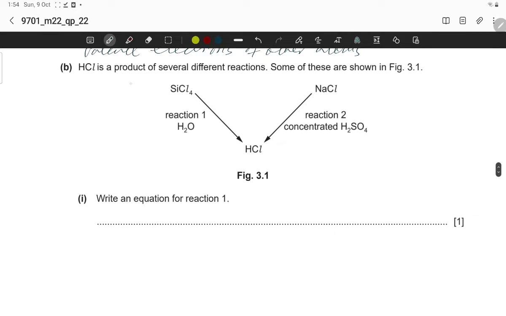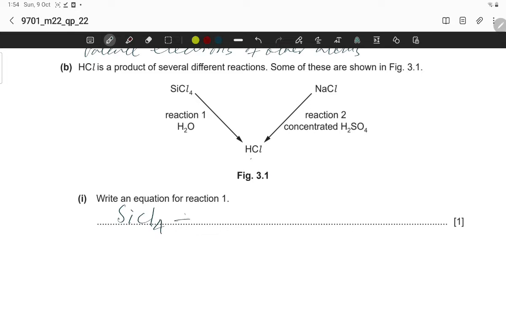HCl is a product of several different reactions. Some of these are shown in figure 3.1. In reaction 1, SiCl4 reacts with H2O to form HCl. In reaction 2, NaCl reacts with concentrated sulfuric acid to form HCl. Write an equation for reaction 1.